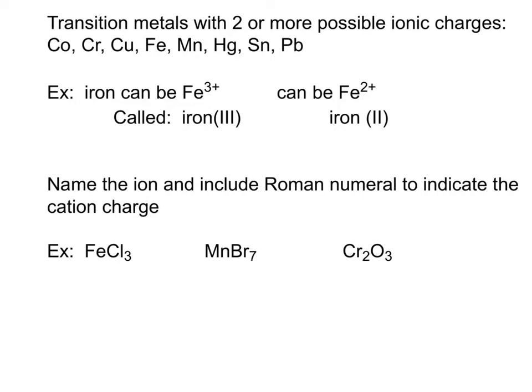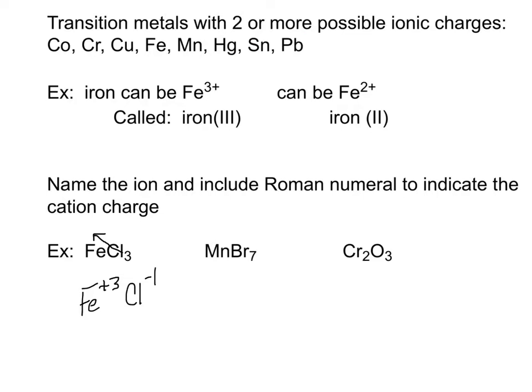Why don't you talk us through one of those, Mr. Hunter? All right, so the first one we're looking at is FeCl3, and if you are lost and not knowing what to do, we always say you should probably start with the reverse crisscross method if you need to. So you reverse what's there, so the 3 goes up for iron, so we find out that we have iron 3+, and then it's chloride because chloride is always -1.